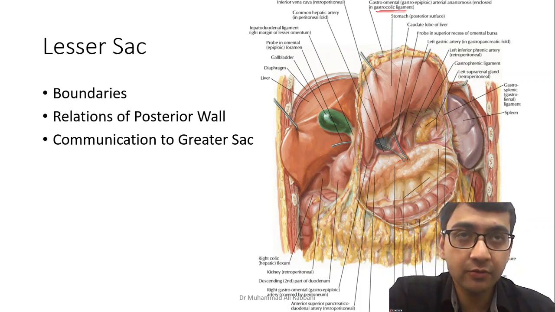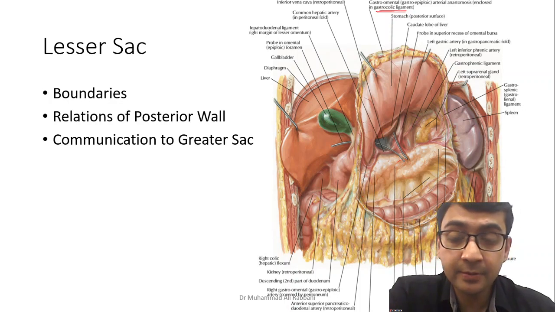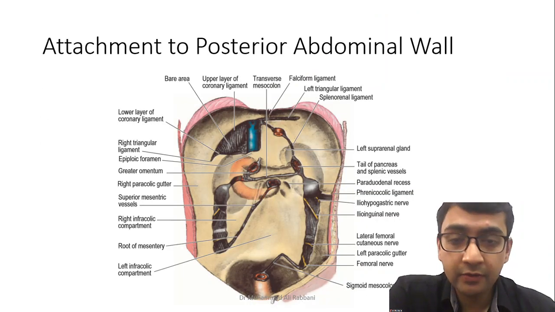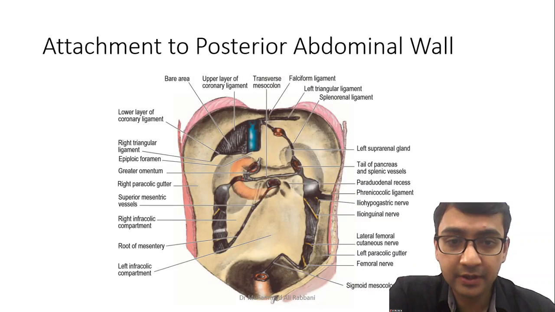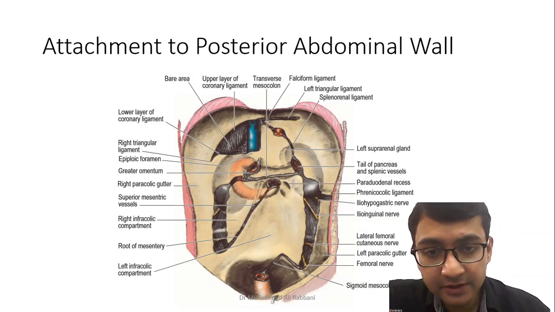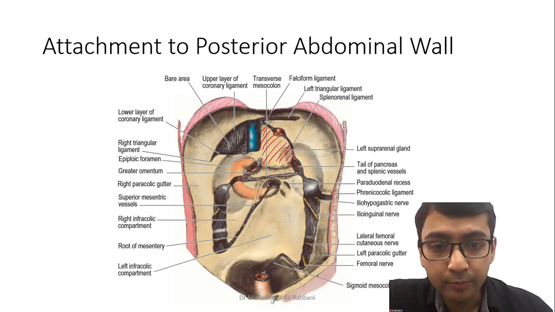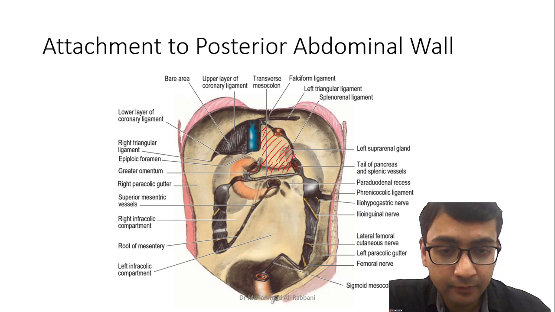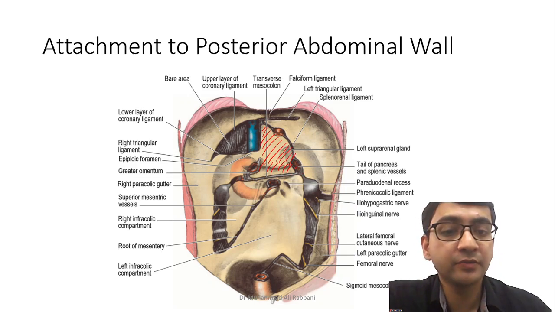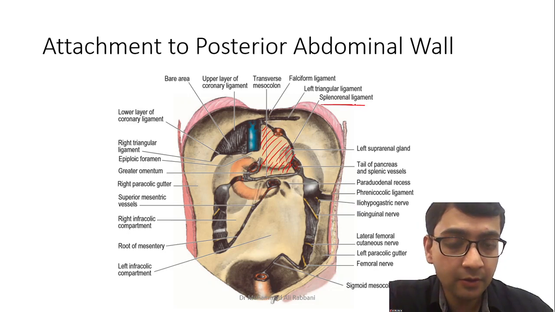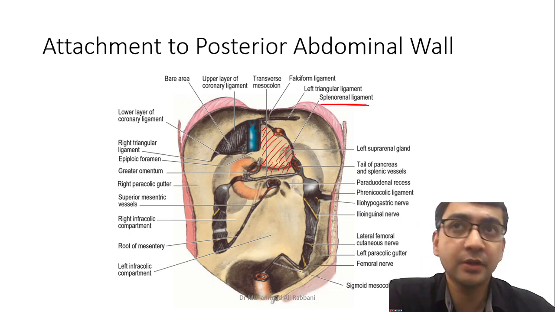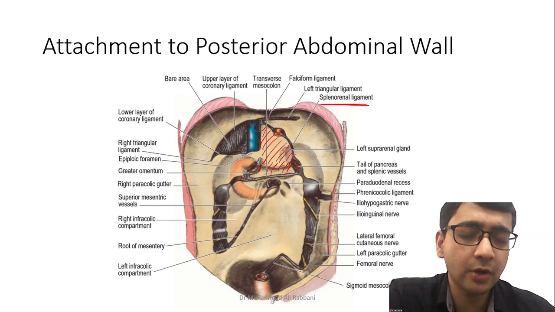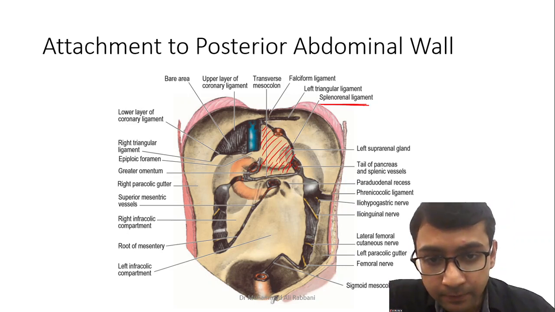We discussed the anterior wall, the posterior wall, the structures that are behind the posterior wall, and we can even discuss the lateral aspects. This is the posterior wall of the peritoneal sac. Below it is limited by the attachment of the transverse mesocolon. On the left side it is limited by the attachment of the splenorenal ligament, or lienorenal ligament.